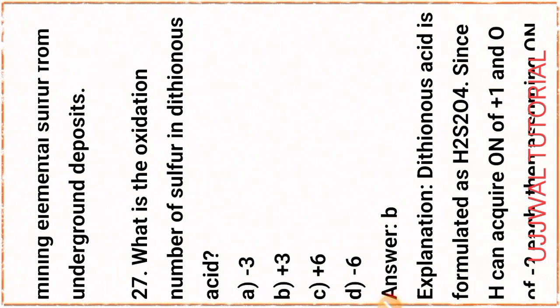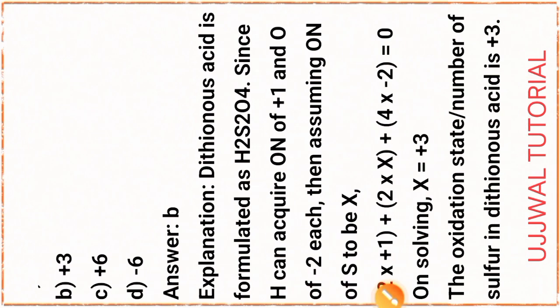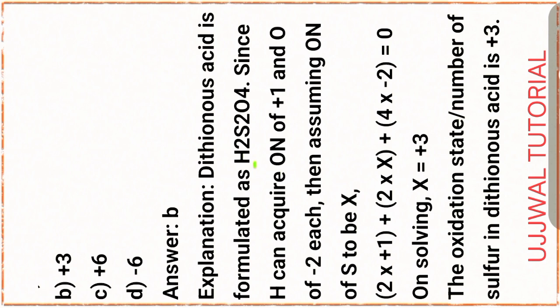Next question, question number 27. What is the oxidation number of sulfur in dithionous acid? Option B, +3. Dithionous acid is formulated as H2S2O4.